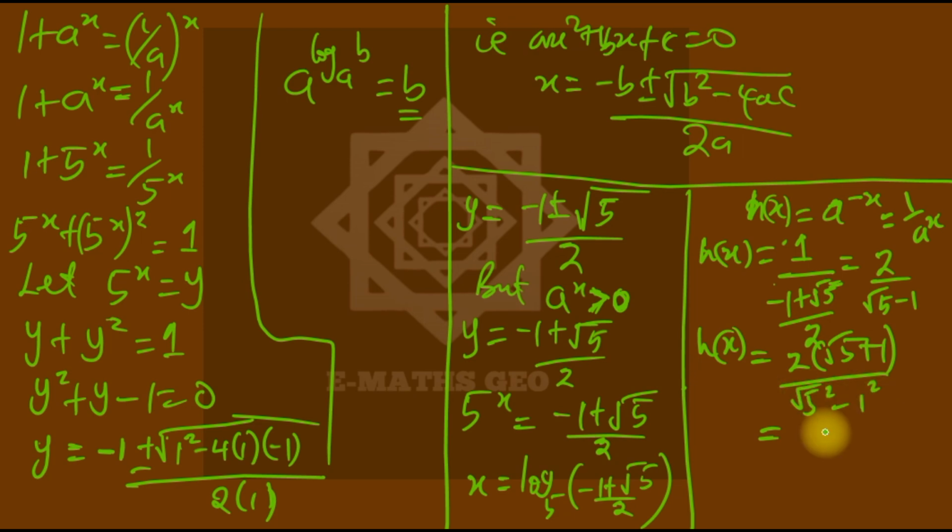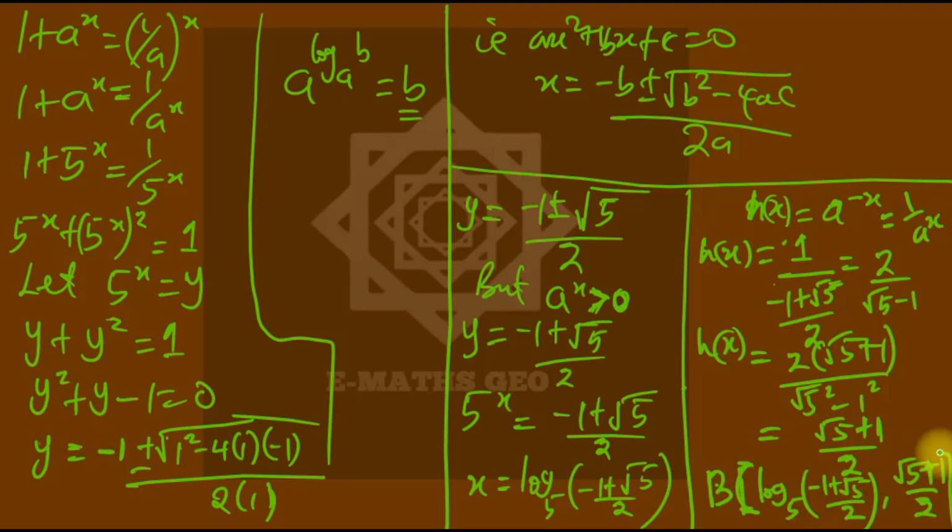So we have root 5 plus 1 over 2. We'll see that the coordinate of b that we are looking for is x, which is log base 5 of minus 1 plus root 5 over 2, comma, y, which is root 5 plus 1 over 2. So that's the coordinate of b we are looking for.